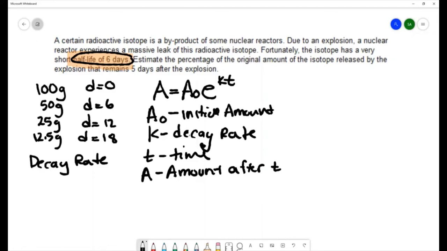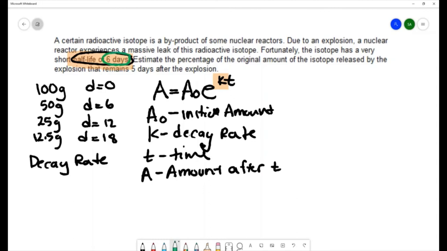So that piece of information about having a half-life of 6 days is enough information for us to figure out this value of K. And we need that value of K to be able to solve this problem. So let's think about what we know. We have a half-life of 6 days.